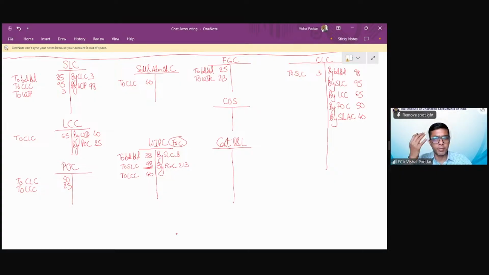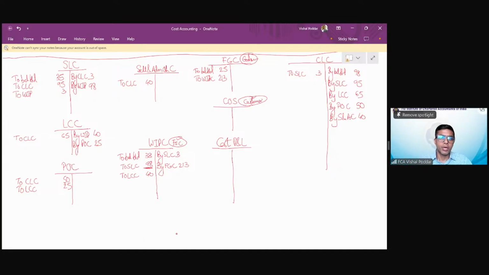Please visualize this. If you visualize these transactions, understanding them, remembering them would be easy. So I have mentioned that treat this as your godown. This is your factory. And also, if you remember, I had mentioned that treat this as your customer. Just to understand the flow of the entries.